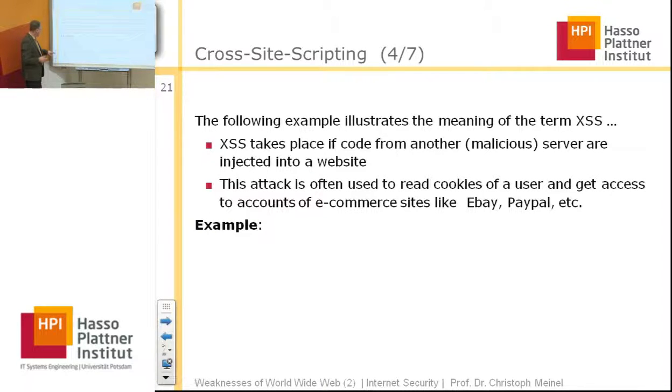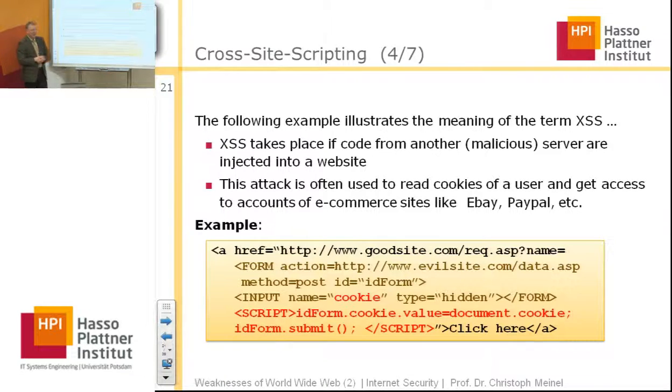The idea is shown best with a short example. It's a goods website. Then there is some action from the attacker side with a method, and the input name is cookie, and then the script's cookie value is sent and can be seen by the system.